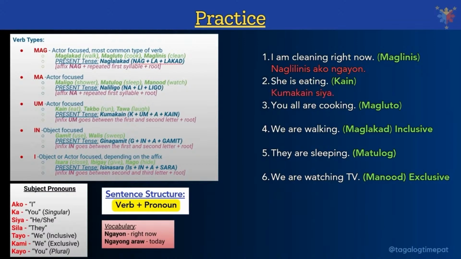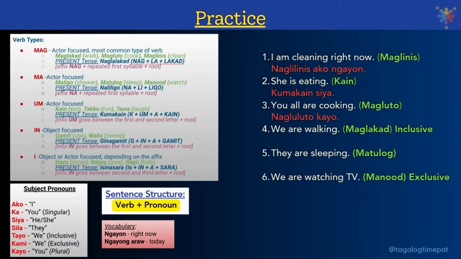All right, so let's go ahead and do number 2. She is eating. Kumakain siya. Remember, kain is an um verb. So the pattern for um verbs is the infix goes between the first and second letter, and then it's the root. Kumakain siya. Number 3, you all are cooking.